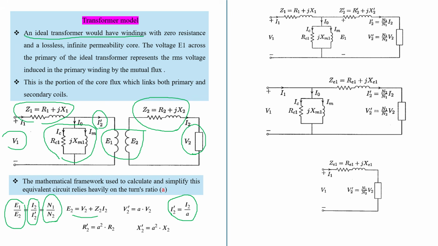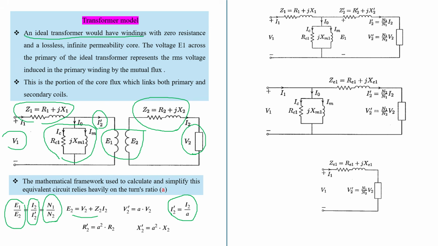This E2, when referred to the primary side, has a magnitude of I2 prime referred, and this relation is obtained as I primary referred is equal to I2 over A. If you want to refer the impedance, we have a referred voltage from secondary to primary, which is A times V2, and a referred current from secondary to primary, which is equal to I2 over A. To get a referred impedance, we have to divide the referred voltage by the referred current.